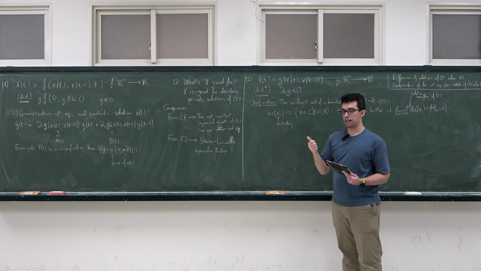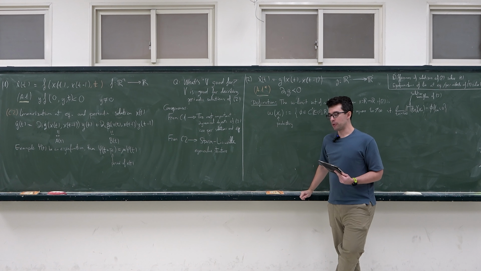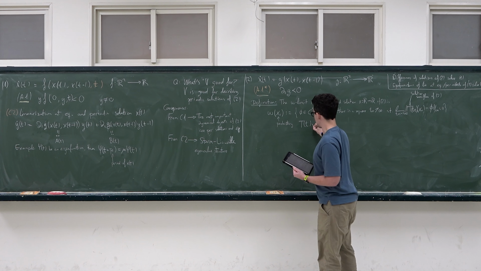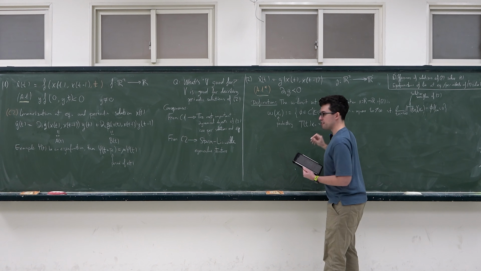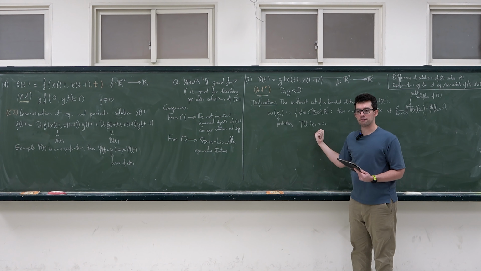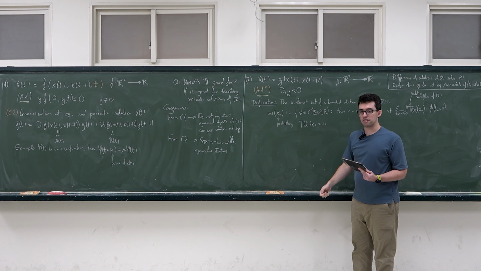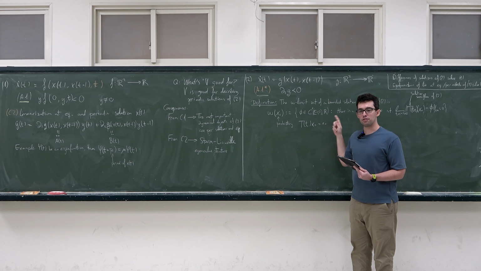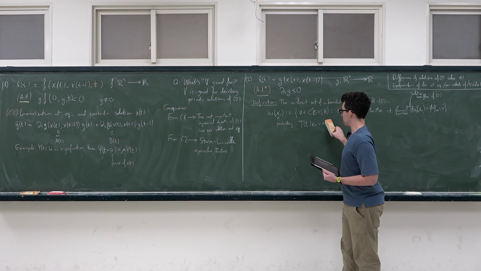What's the omega limit set of the equilibrium? Well, T of x0 is x0 for all values of t. So the only element that lives in here is x0 itself, because you could pick your favorite sequence, 1, T1, T2, T3.